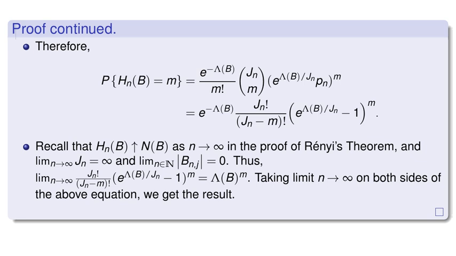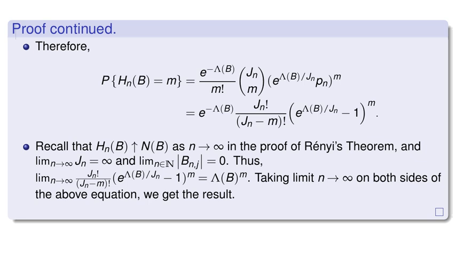Recall that in the proof of Renyi's theorem, Hn of B converges upwards to N of B as n goes to infinity. Also, as n goes to infinity, Jn goes to infinity, and the measure of each individual set Bnj goes to 0.